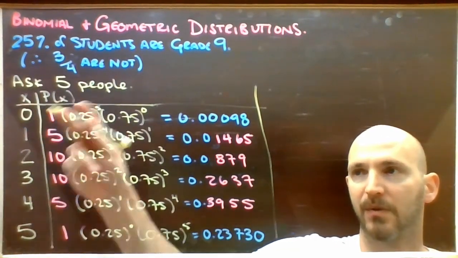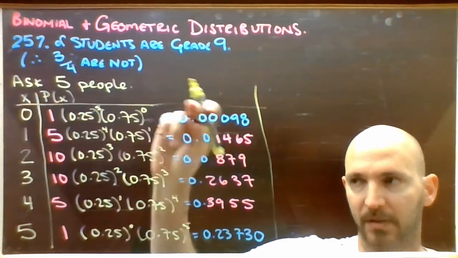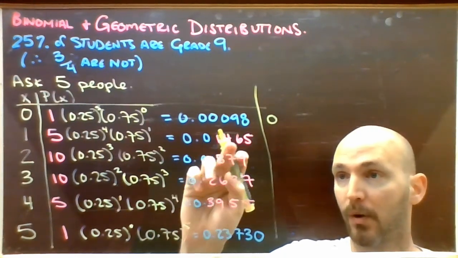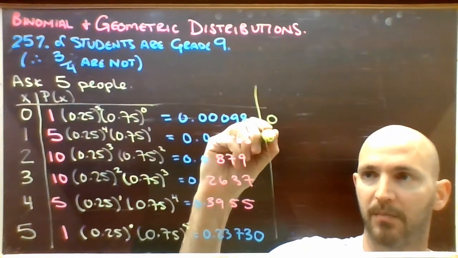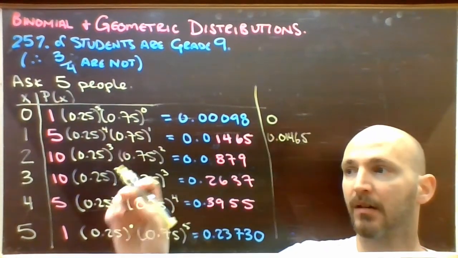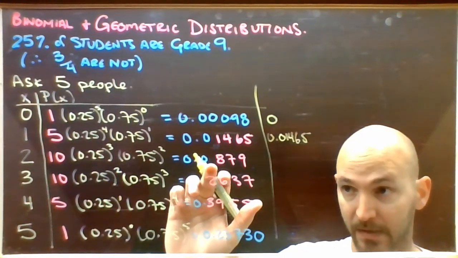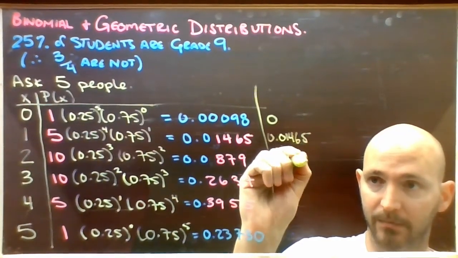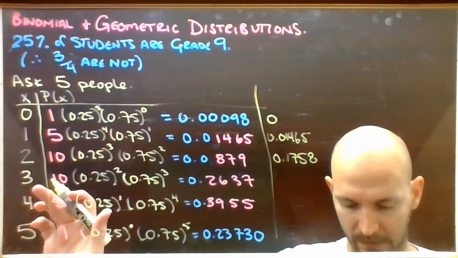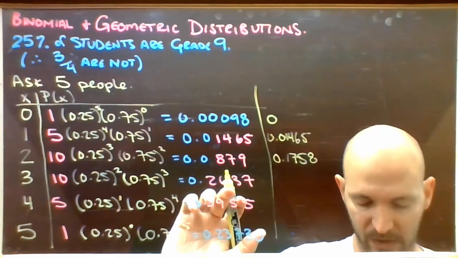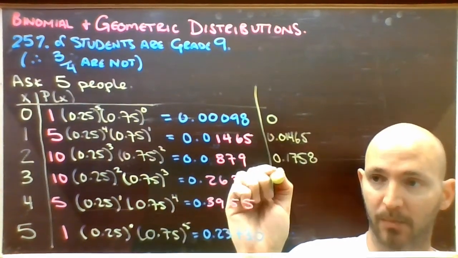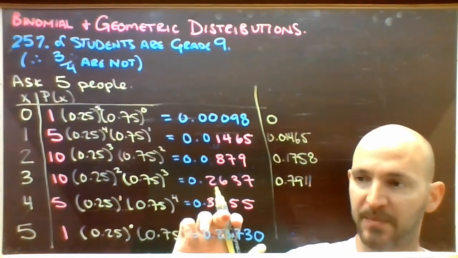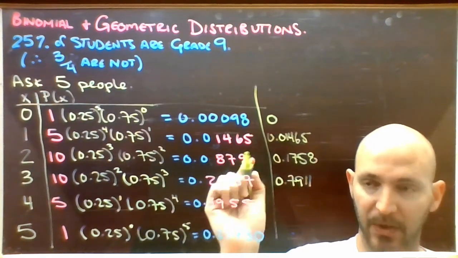So if I'm hunting for non-grade 9 students, there's a 0.00098 probability multiplied by 0 gives me 0. 0.01465 multiplied by 1 gives me 0.01465. 2 multiplied by this would be 2 times 0.0879 gives me 0.1758. 3 times 0.2637 gives me 0.7911. 4 times 0.3955 gives me 3.6045.